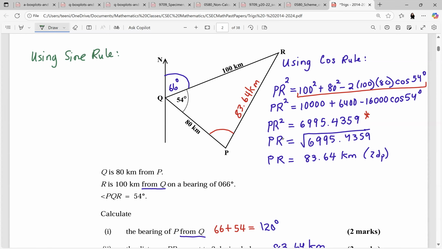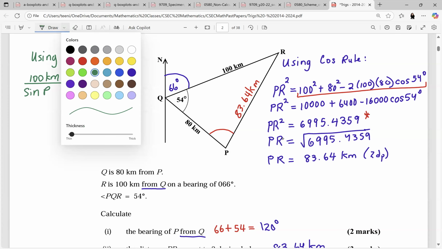So using the sine rule, the side opposite P, which is 100 km, over the sine of angle P is equal to, let's use this angle Q and the side opposite Q. So that would be 83.64, which is what we calculated, over the sine of angle Q, which is 54 degrees.